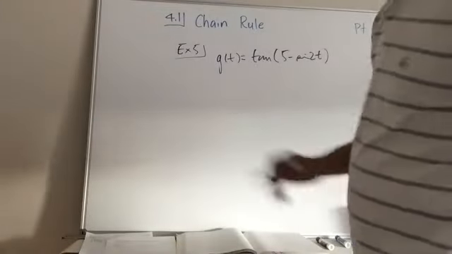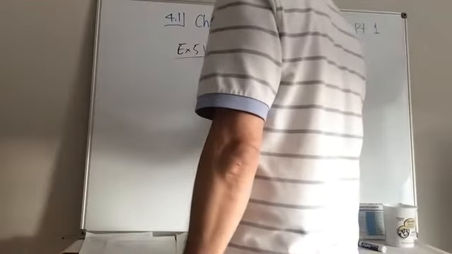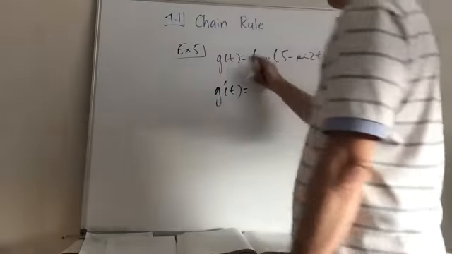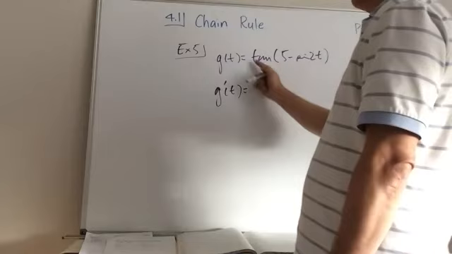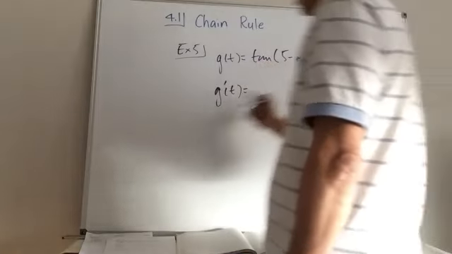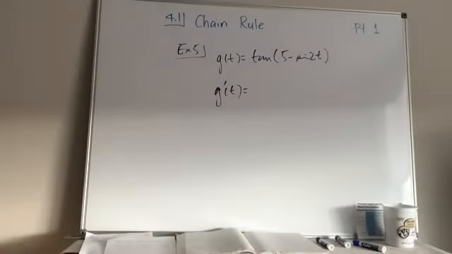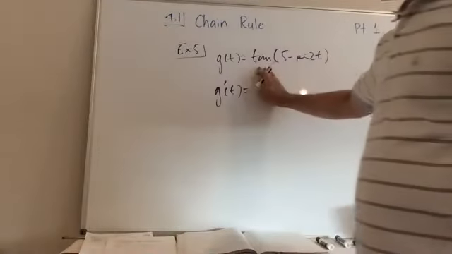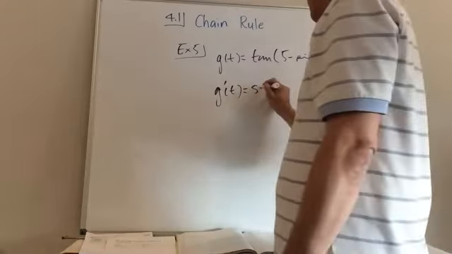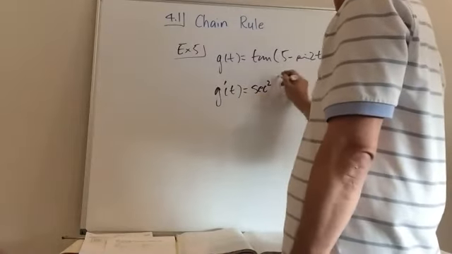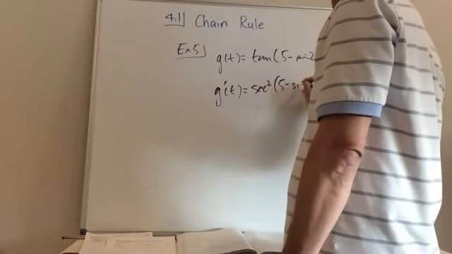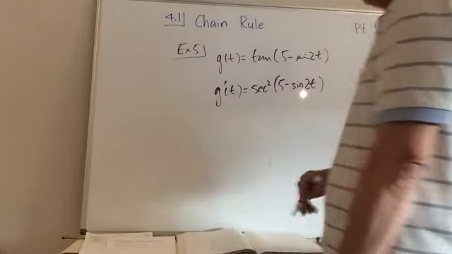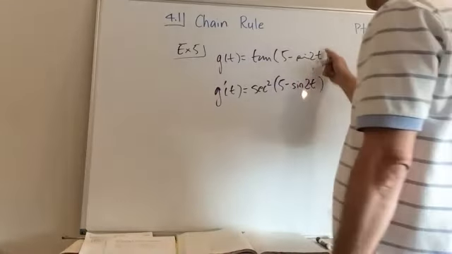Again, g prime of t, I take the outside first. The derivative of tangent is secant squared of 5 minus sine 2t. Now I have to take the derivative of the inside.